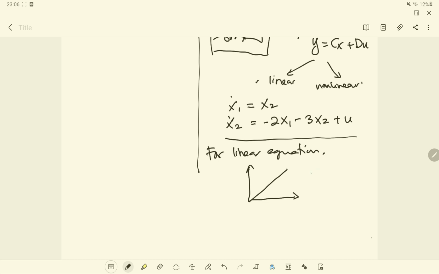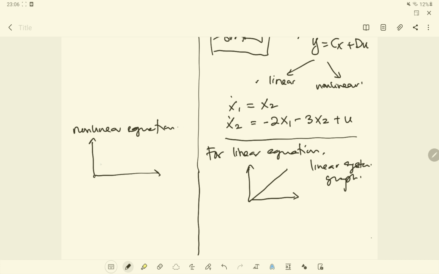So this is the linear system graph. For a non-linear equation, or non-linear system output, if you plot the graph, it is something like this, a curve, and you cannot predict the equation that represents the graph.